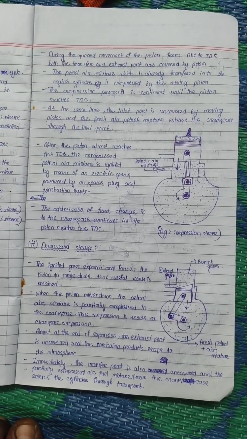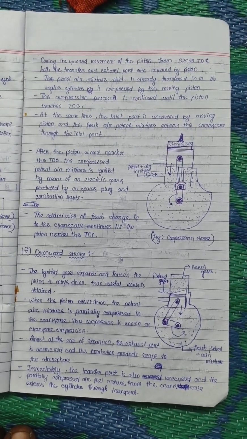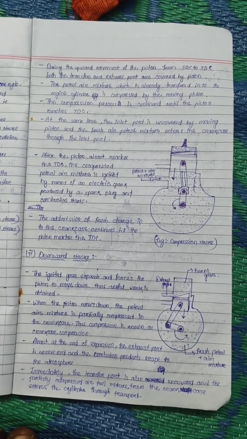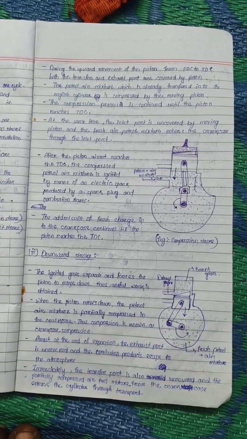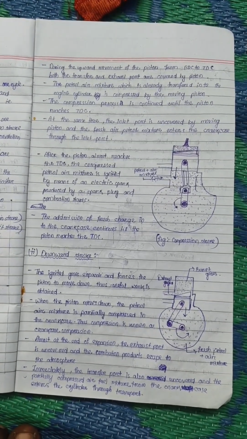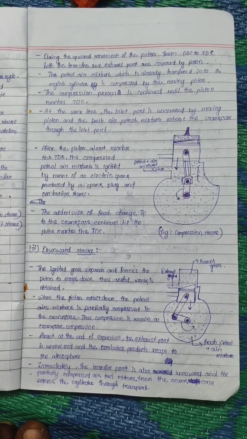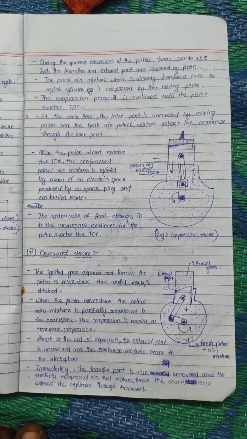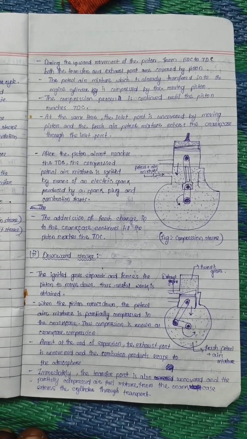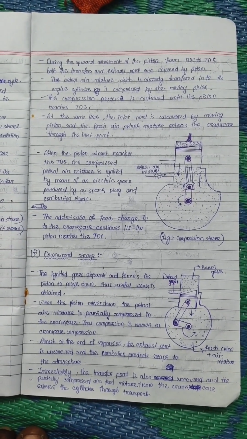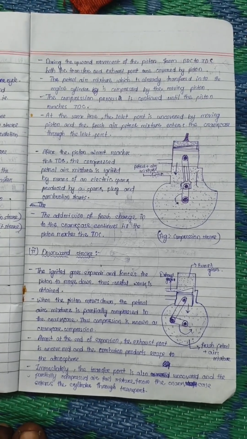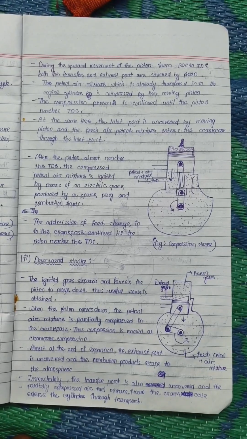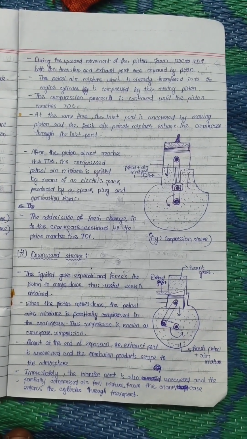The petrol mixture which is already transferred into the engine cylinder is compressed by the moving piston. The compression process continues until the piston reaches TDC. At the same time, the inlet port is uncovered by the moving piston and the fresh air petrol mixture enters the crankcase through the inlet port.